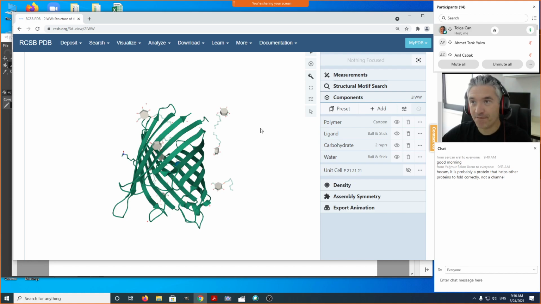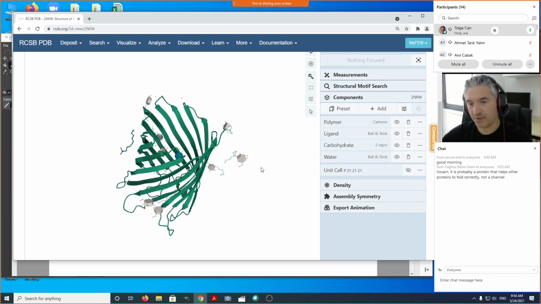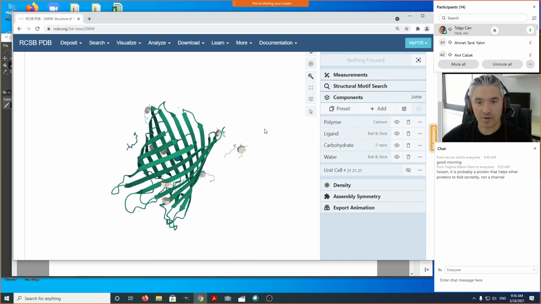So there are many very essential functions that you can think of in proteins. For example, the ribosome is a protein. The ribosome is also a very large protein, which is responsible for translating the messenger RNA into a protein. So in protein synthesis, the ribosome, which is also a really big macromolecular structure, is very important.